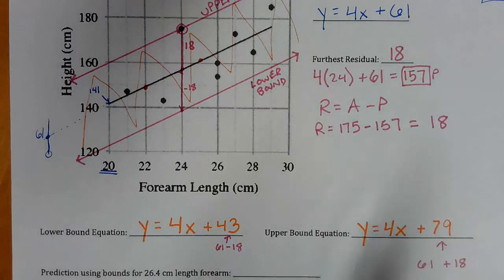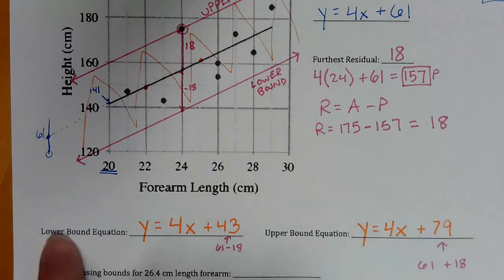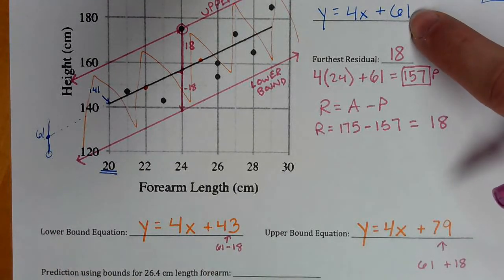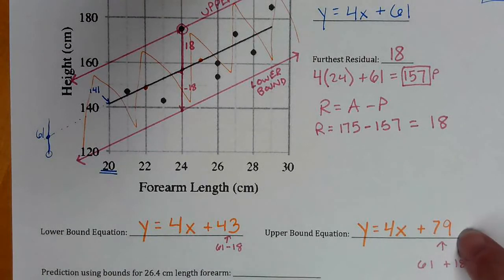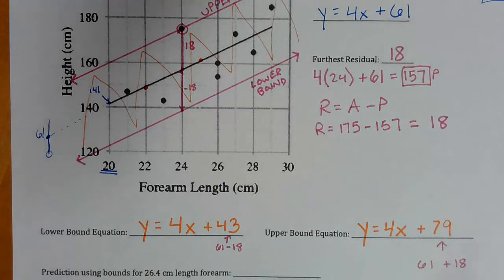But remember, we're manipulating that y-intercept in order to find those new y-intercepts for our boundary equations. So the lower bound equation should have a y-intercept that's below our line of fit, and the upper boundary should have a y-intercept that is above our line of fit.